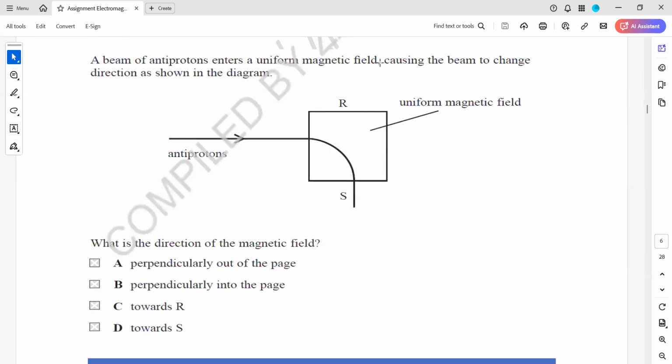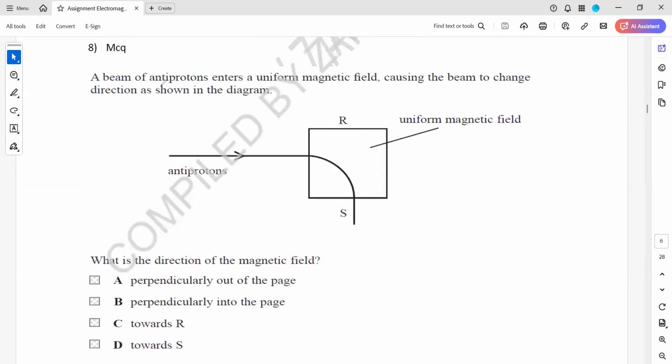In question 8, a beam of antiprotons, and an antiproton is negatively charged, enters a uniform magnetic field. What is the direction of the magnetic field? So how do we know? If we don't know, let's say the magnetic field is into the page. We don't know, but we are considering. Let's say if it was into the page, we will use the right hand. Why will we use the right hand? Because it's a negative particle. So your index finger will point into the magnetic field.